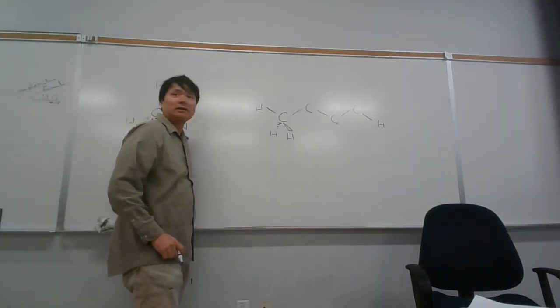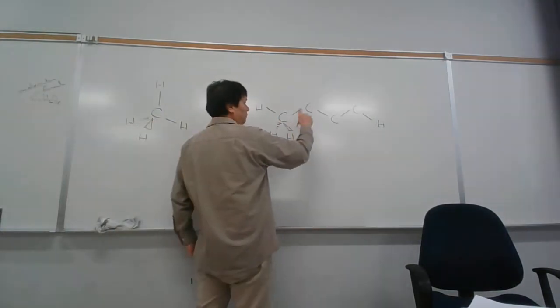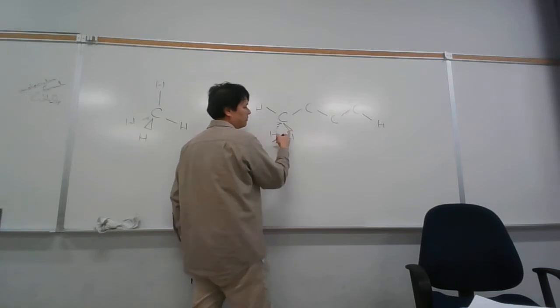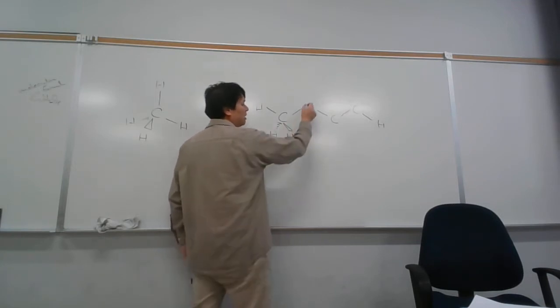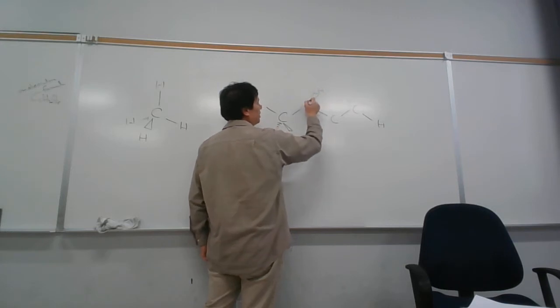Do you see that here? Okay, so then if I have the wedge to the right, the dash to the left, I'm going to have it the same way each time. So the wedge to the right, the dash to the left.